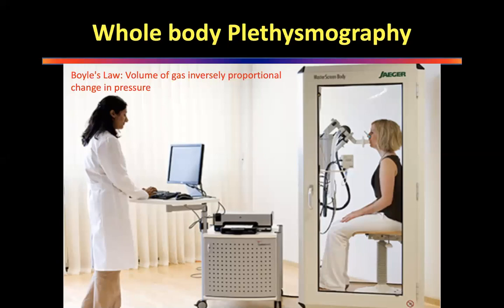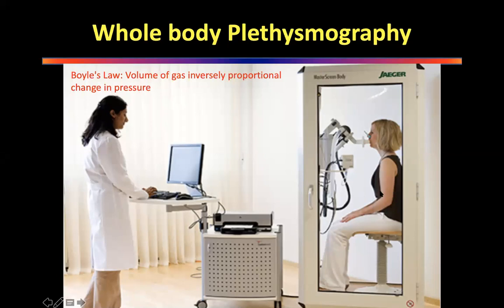In whole body plethysmography, the patient is sitting in a chamber. This is a pressurized chamber. You can close it, and you can increase or decrease the pressure, and you can read the measure of the pressure in the chamber. The patient is asked to breathe in here, and really what is applied is Boyle's law. Boyle's law says that the volume of gas is inversely proportional to the change in pressure.